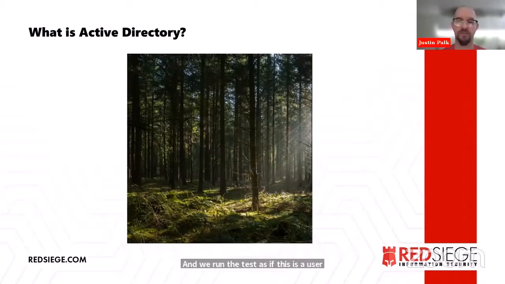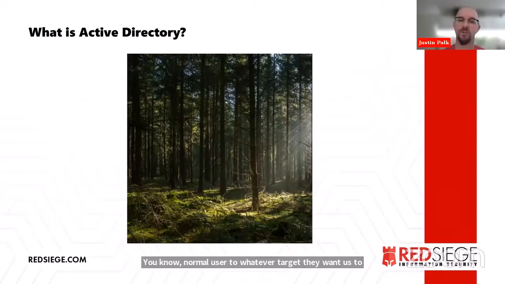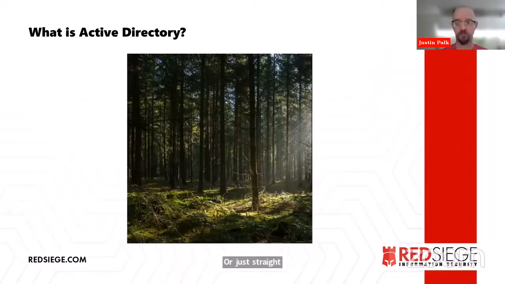Now we're trying to get from that normal user to whatever target they want us to get to, whether that's sensitive files held by their legal department, or source code that their developers are working on, or just straight out domain control. So in that case, we live and breathe, and we spend all of our time working in Active Directory.